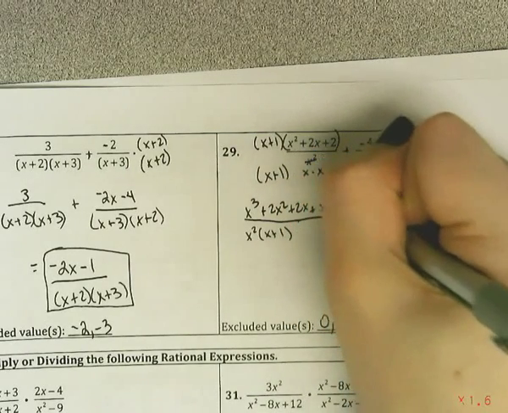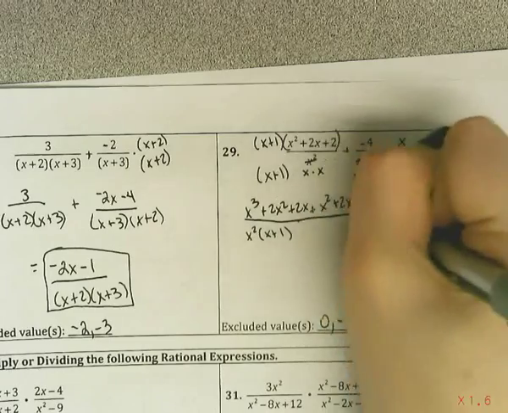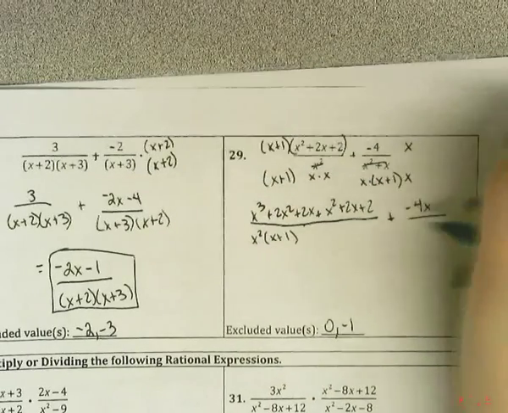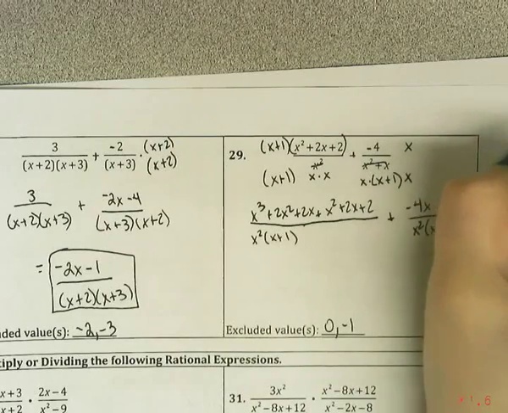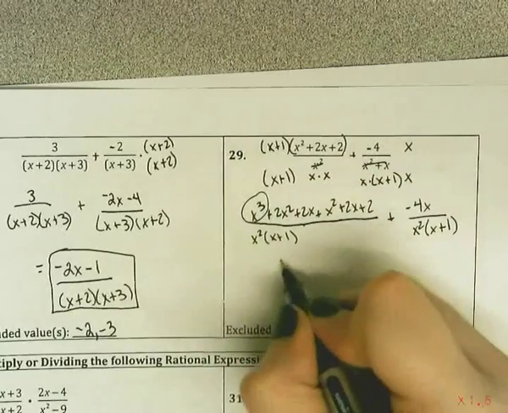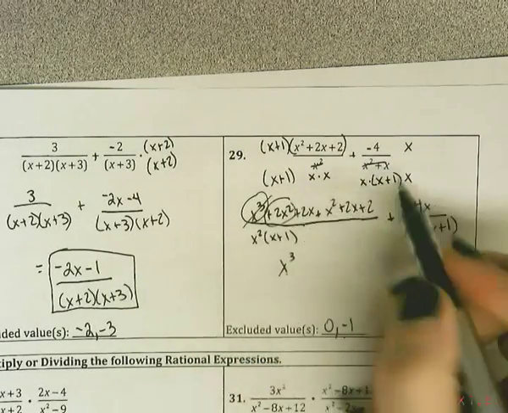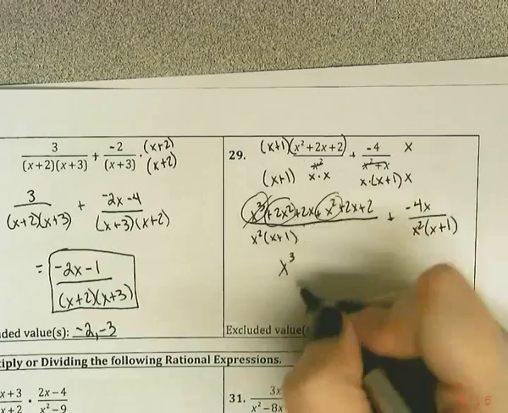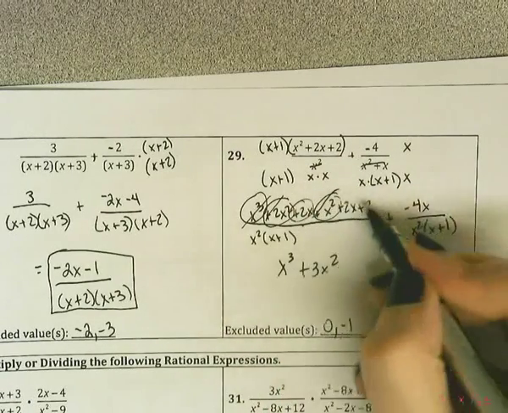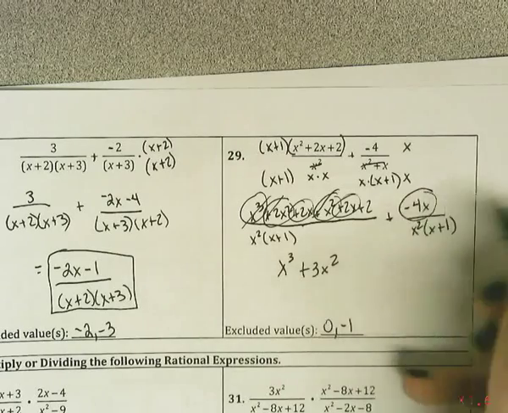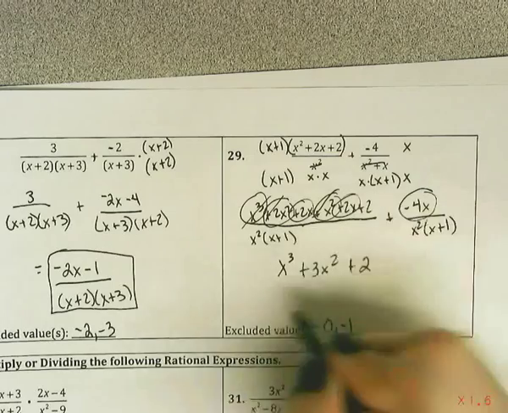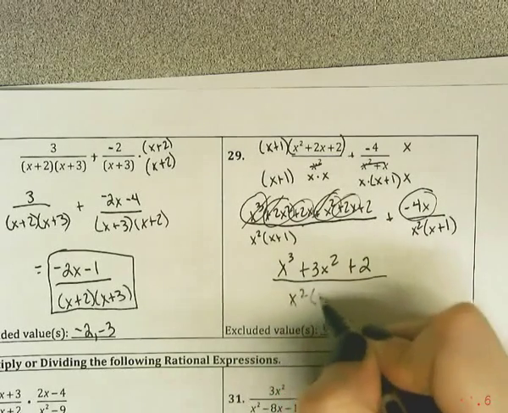So plus x squared plus 2x plus 2 over that plus negative 4x over x squared times x plus 1. Combine like terms, so I have x cubed, 2x squared plus x squared, so plus 3x squared, 2x plus 2x minus 4x, so 0x, we don't write it, plus 2 over x squared times x plus 1.